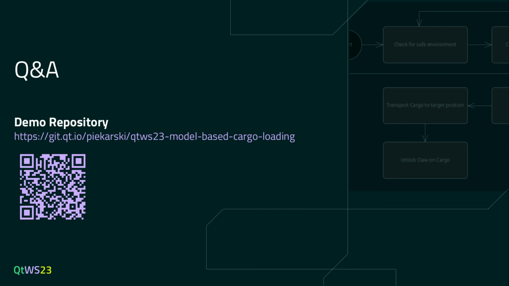I'll keep that updated, and as soon as more features see the light of day, and when we release our tool, Squish 8.0.0, I will also update this. So you can just follow along and revisit that you once stayed in Berlin and loaded some cargo with models.